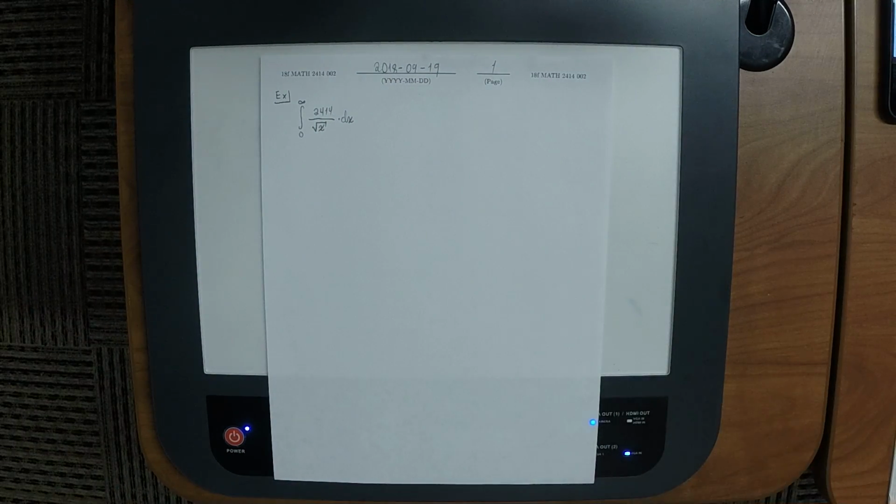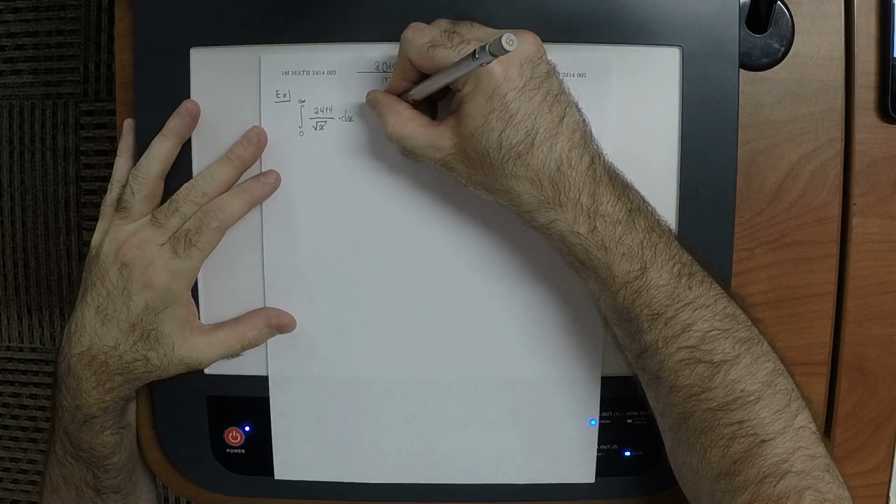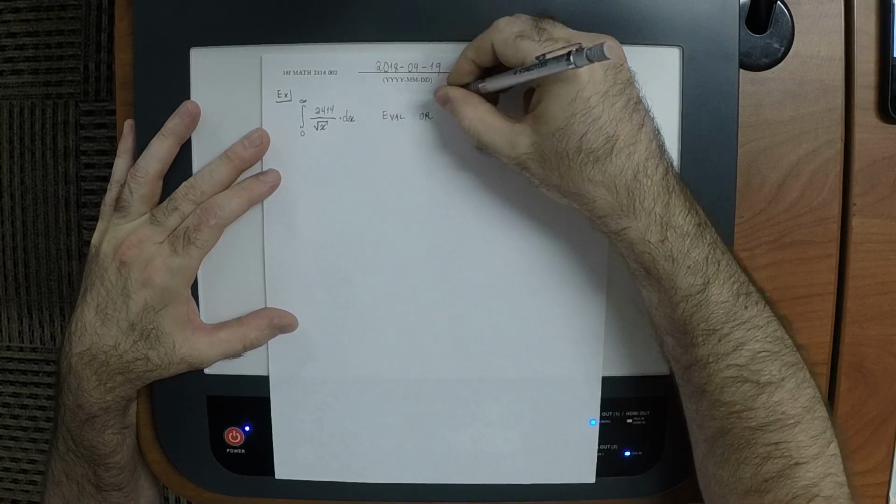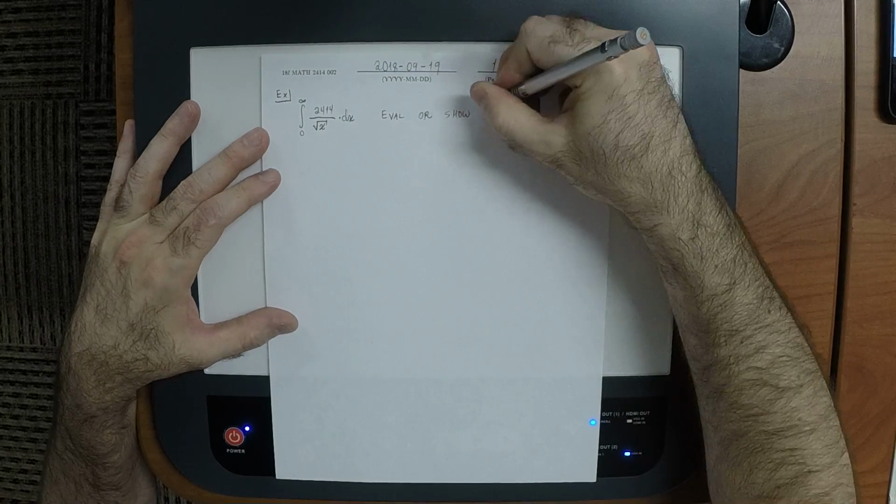And on all such integrals, the instruction is basically evaluate the integral or show that it diverges.